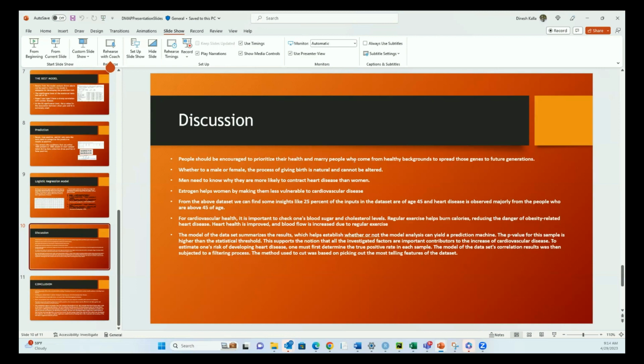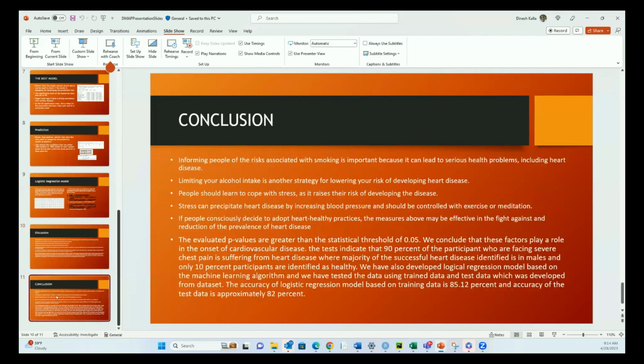And we have also performed the chi-square test, and the chi-square test also plays a significant role in data analysis. For the chi-square test, we used RStudio, the R language. Based on that, we came to the conclusion that it is happening mostly between the ages of 35 to 45.